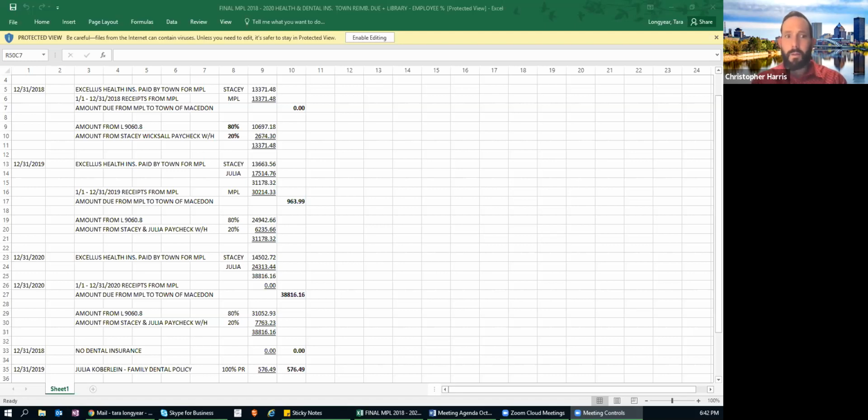I didn't audit those things, but looking at the total health premiums paid by the town for both 2019 and 2020, add in the dental premiums paid by the town, and then just subtract what the library has paid, which does agree to our records to the penny.